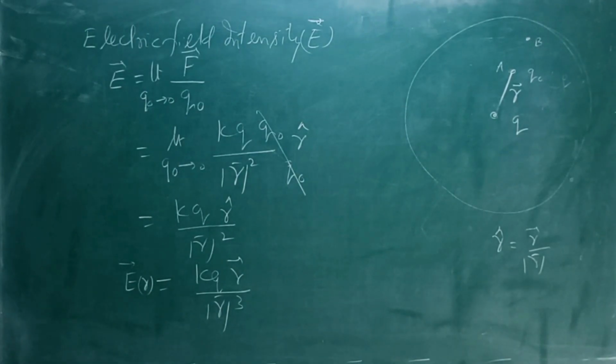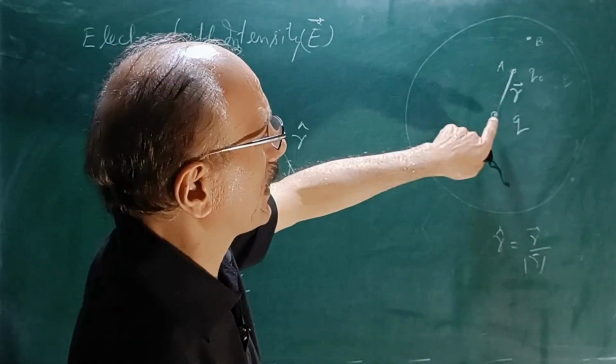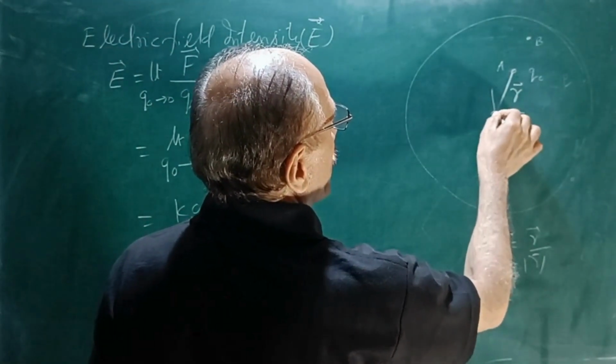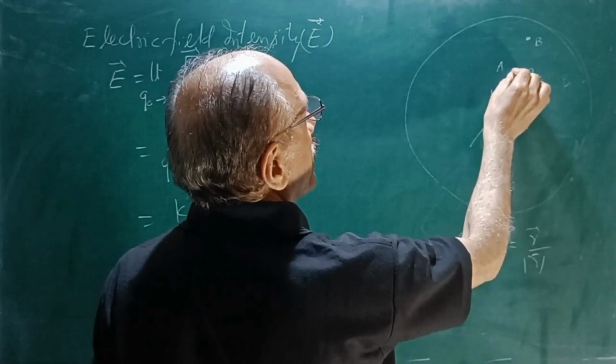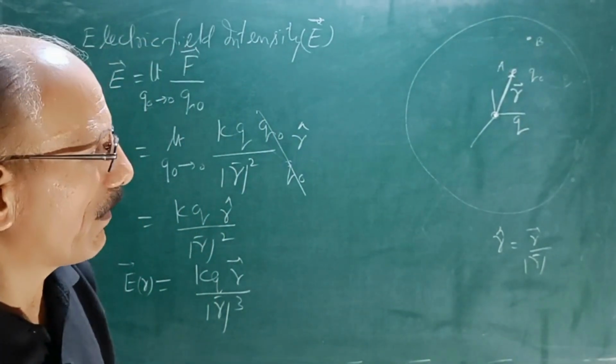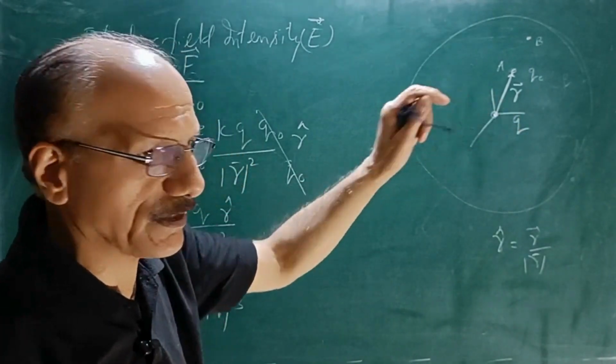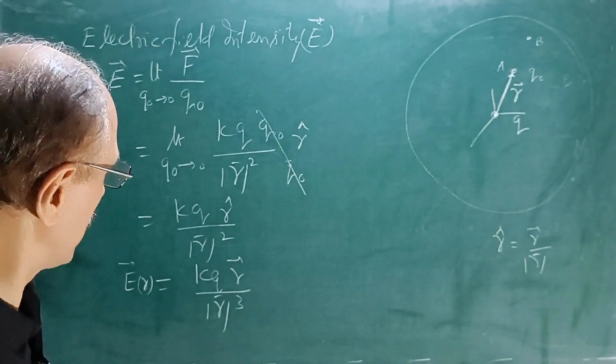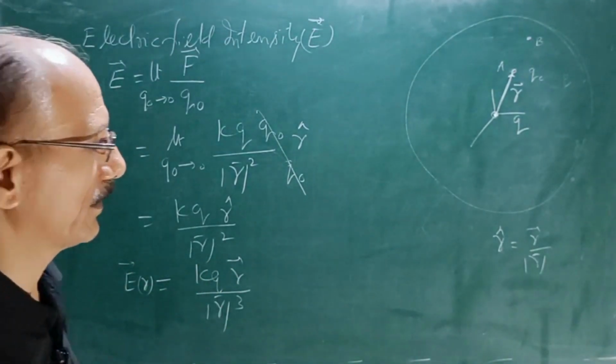Now, if the charge is not placed at the origin, because we have taken it as the origin, so its position vector we took as R. But if the charge is not placed at the origin, it is positioned somewhere else, then what will be the formula for that?